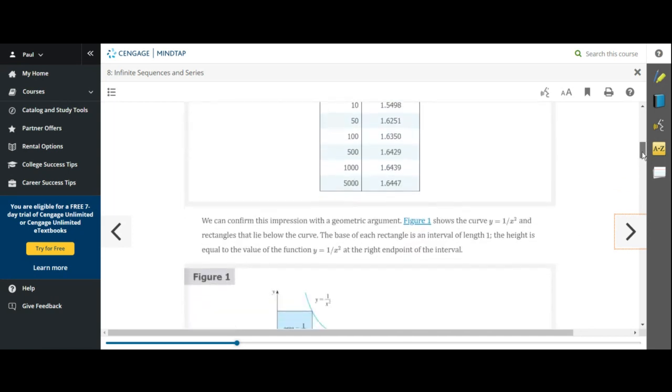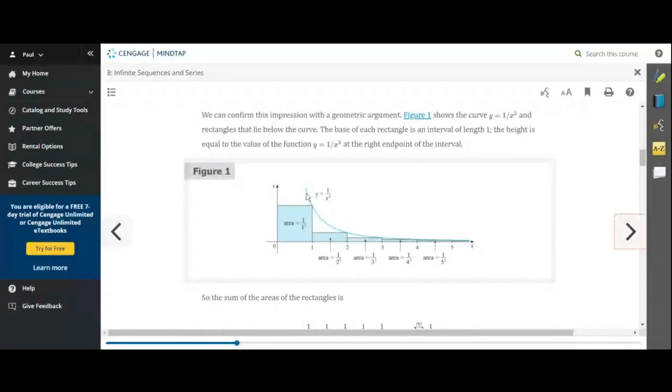What they do is they draw a picture of 1 over x squared, and then using the right endpoint rule, if you remember from section 5.9, when you did approximate integration and estimated integrals using rectangles and adding up the rectangles.